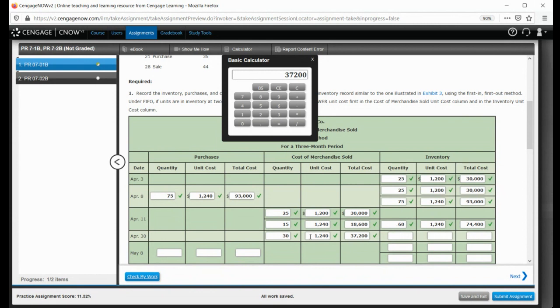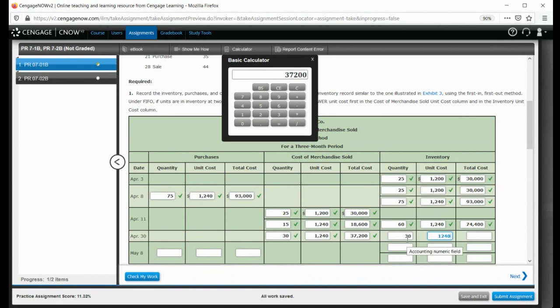So 60 minus 30 is 30 units that we have left over. We're going to bring down the same unit cost of $12.40 because this is the layer that we're drawing from. Our ending inventory has a cost per unit of $12.40.